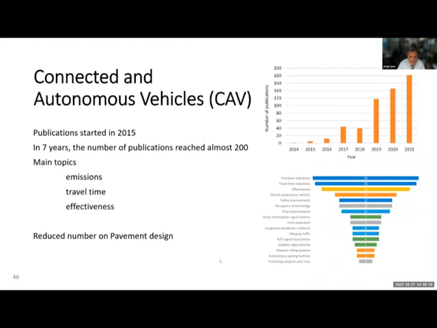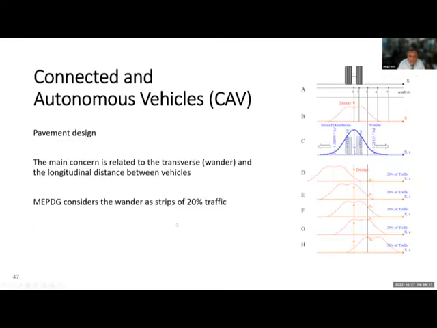But on road pavements, the number of publications at this moment is very limited, restricted to a subject that was included in MEPDG, the wander by different strips where we have 20% of traffic.